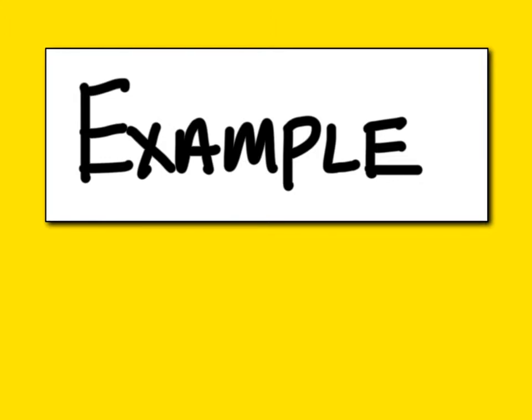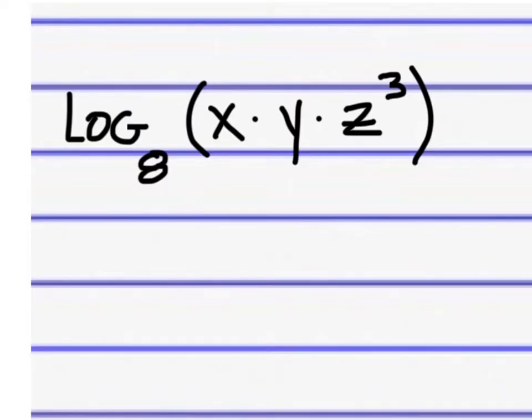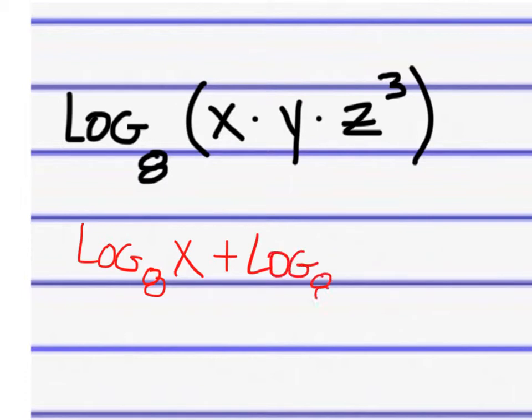Here is another example. You have log base 8 of the product of x, y, and z to the 3rd. So we're going to break that up as addition. So you can have log base 8 of x plus log base 8 of y, and then plus, remember you can do 2 steps at one time.